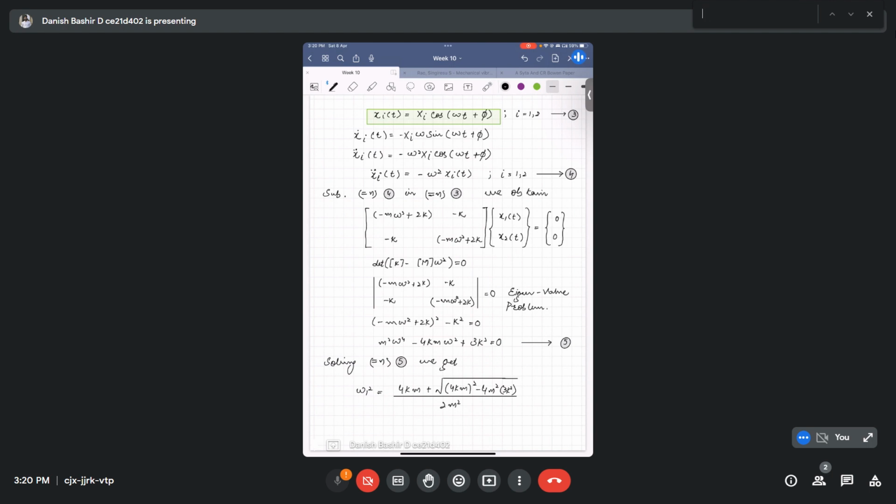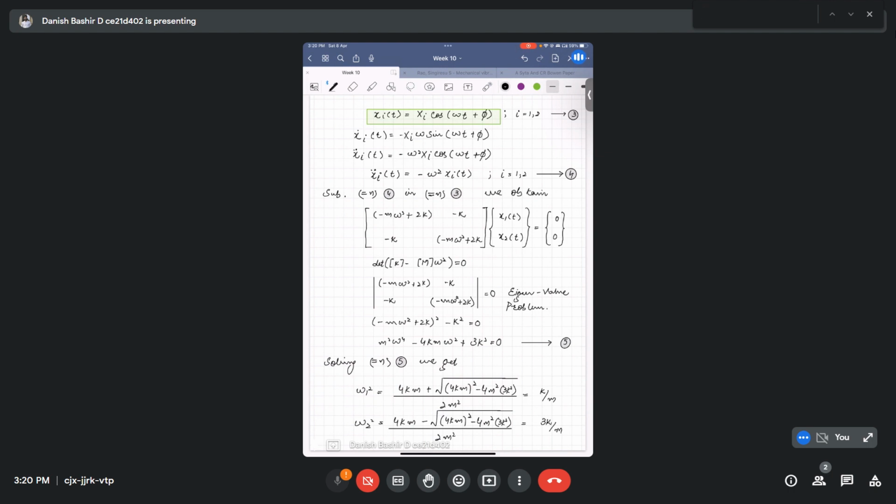Then omega 2 square is the same thing, with one small change to minus. When we solve these further, we obtain k upon m, and 3k upon m.